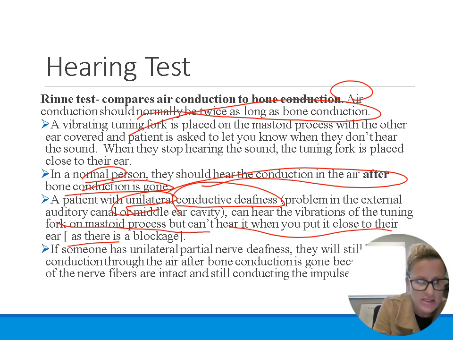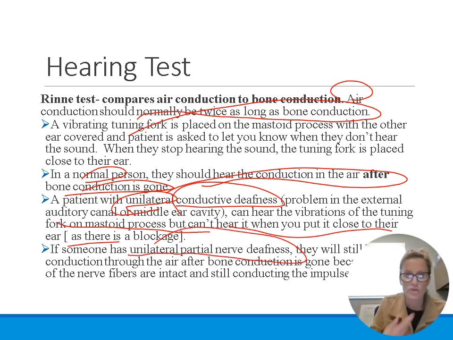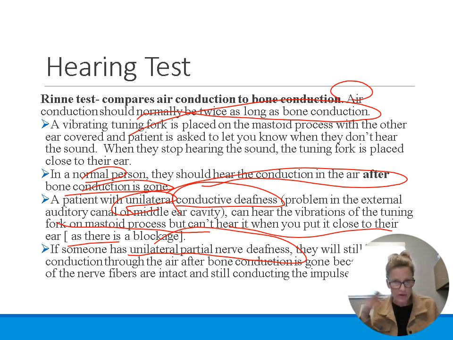If the person has unilateral partial nerve deafness, they'll hear in the air after the bone. So it'll appear almost normal if it's partial nerve deafness, because the neurons are firing.